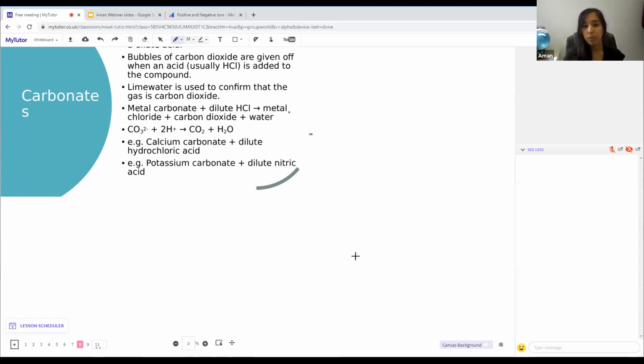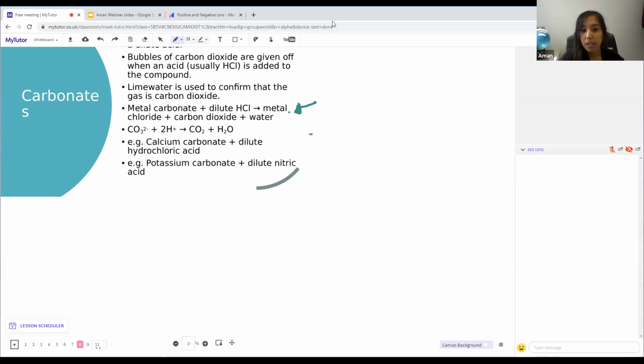So we'll do 2 examples. We've got calcium carbonate reacting with dilute hydrochloric acid. First of all, what are the 3 products produced when we react calcium carbonate with dilute hydrochloric acid? Use this as your baseline to help you. Does anyone know?